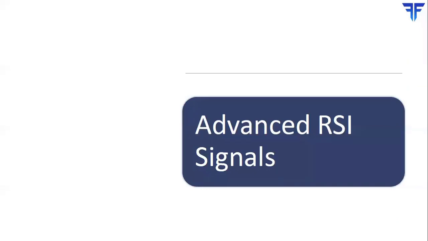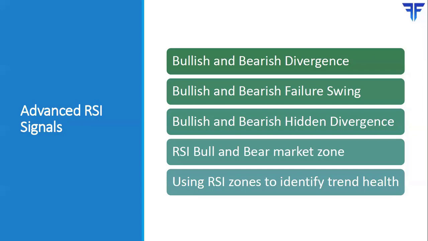As I said, the agenda today is to focus on practical applications of RSI and talk about advanced trading strategies using RSI. The things that we'll cover in today's webinar include bullish and bearish divergences, bullish and bearish failure swings, and bullish and bearish hidden divergences. We'll talk about an important concept called RSI bull market and bear market zones.